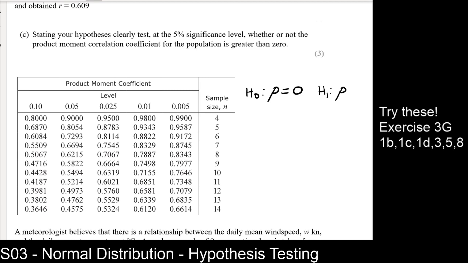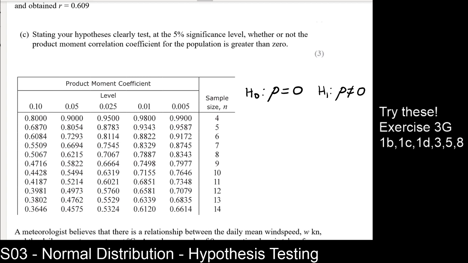And the alternative hypothesis is that there will be a correlation. This is what we'll always write with a product moment correlation question: the null is no correlation, and then we write rho, the Greek letter, does not equal 0.